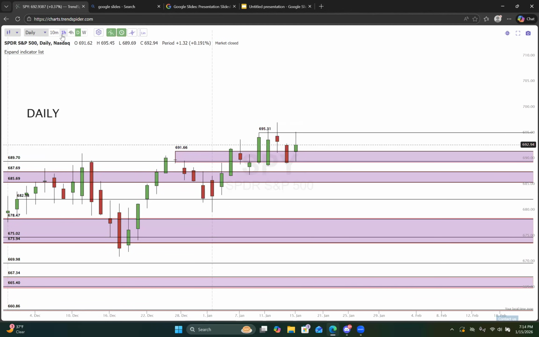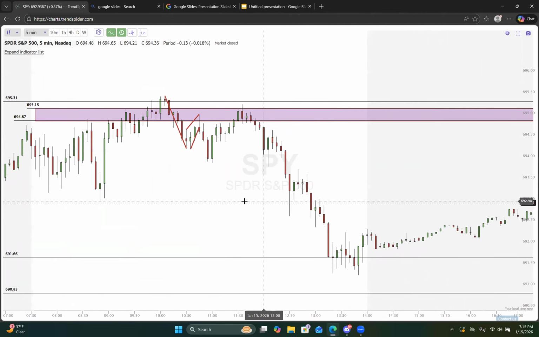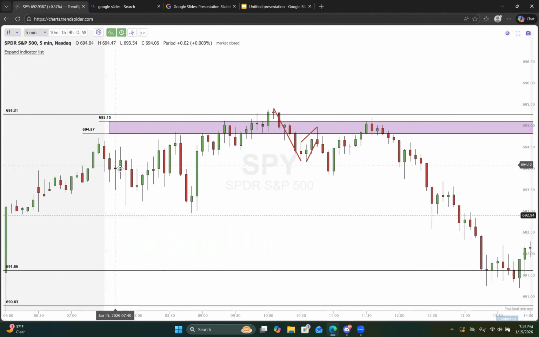Sellers are in control. So then I go down to the smaller time frame, and you can see it here. Sellers are in control, all below 695. You would think if buyers were going to regain control here, you're going to see a very big pop, especially if so many sellers are in control. There wasn't.